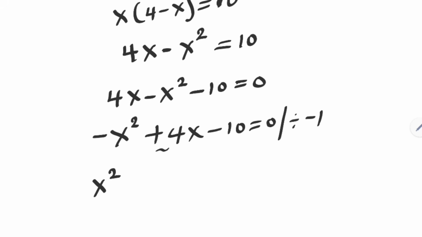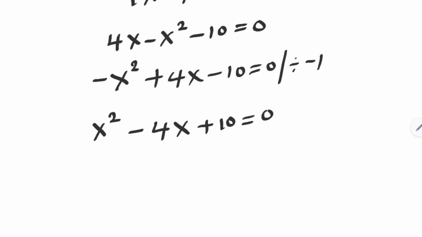Then plus 4x divided by minus 1 is minus 4x. Now minus 10 divided by minus 1 is plus 10 is equal to 0, because 0 divided by minus 1 is 0. This is a quadratic equation which can be solved using the quadratic general formula.